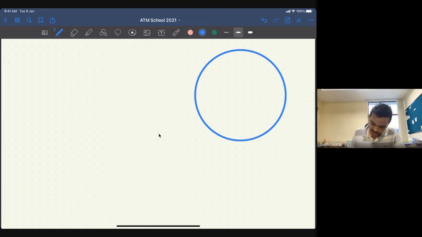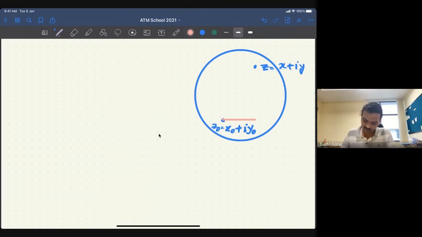So you fix a point x0, y0, that is x0 plus i y0, which is nothing but z0. And you consider a point z here, which is x plus iy. And you look at first this horizontal and then vertical path. This is your curve gamma.